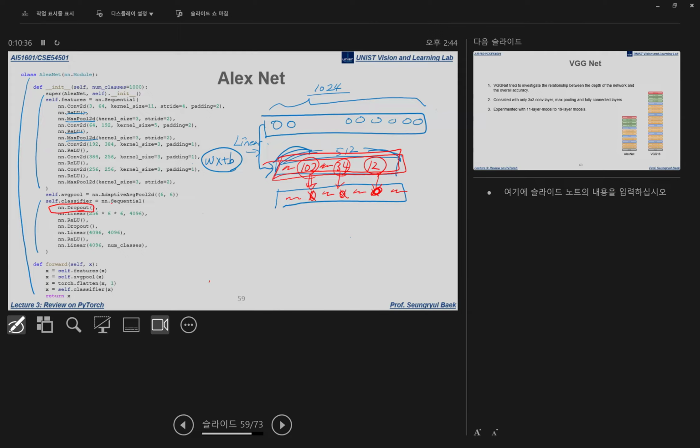That is the dropout operation, okay? And what we do is, by setting some of the output values to zero, you will not learn the weight for outputting these values, but you can focus on training the remaining ones.